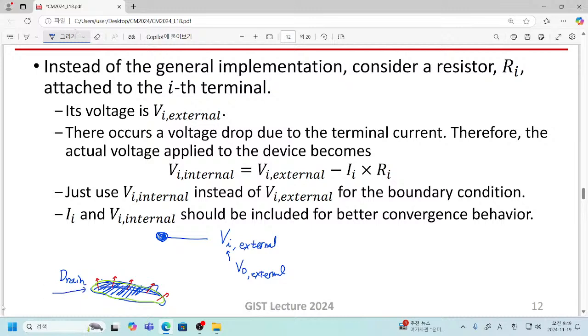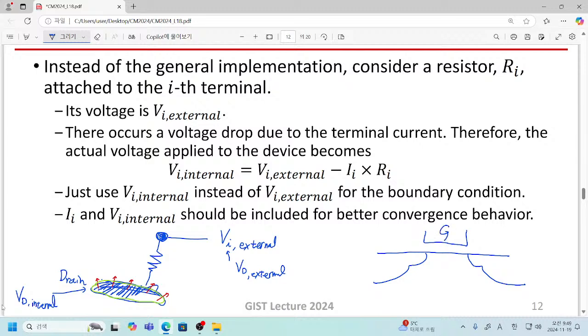At this point we introduce the drain terminal, but not external, internal, and now we assume that between them we have a certain resistance. Maybe you can ask me, this kind of thing is quite unnatural, but let's think about this case. Sometimes we do this kind of modeling approach. For example, what is it?